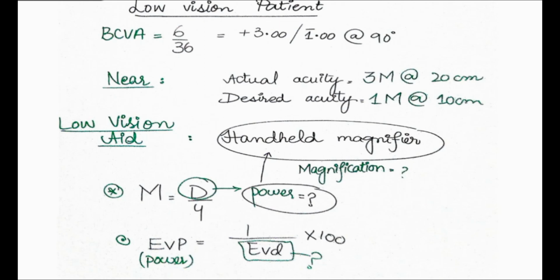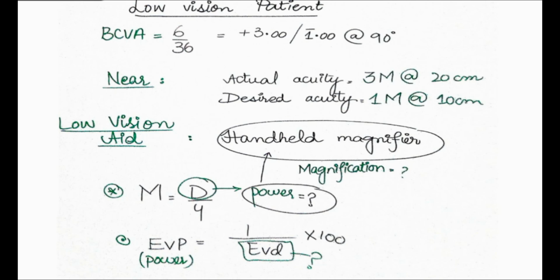So equivalent, but here we don't know the power of the handheld magnifier. That is why we are using EVP for the calculation of the power of the magnifier, so that we can put it into the formula M equals D by 4. Now for EVP we have another formula, because we want to find D, which is actually the equivalent viewing power.